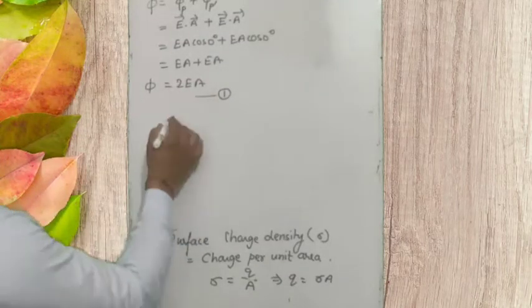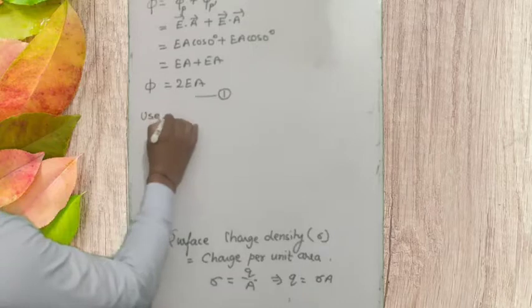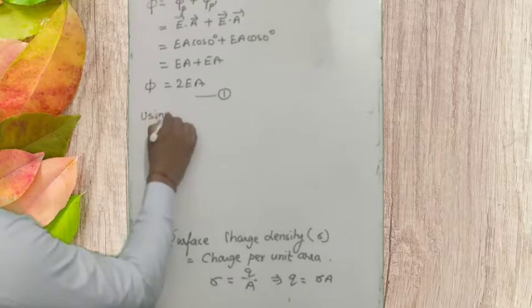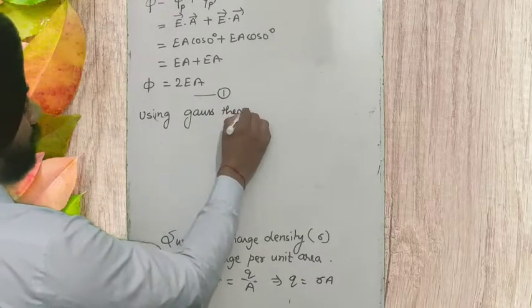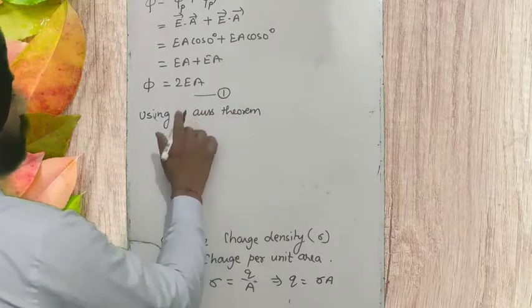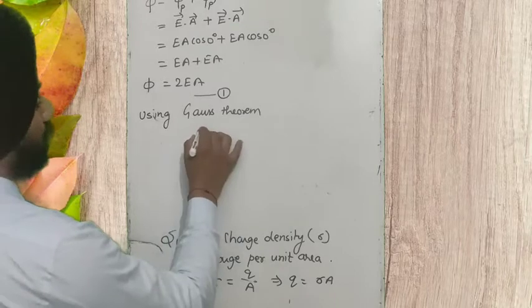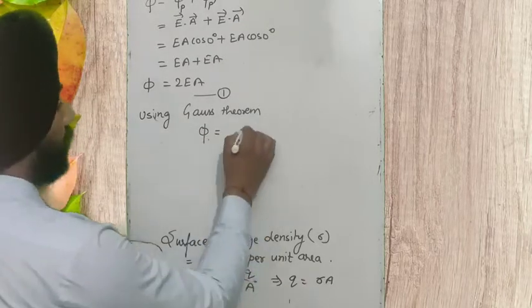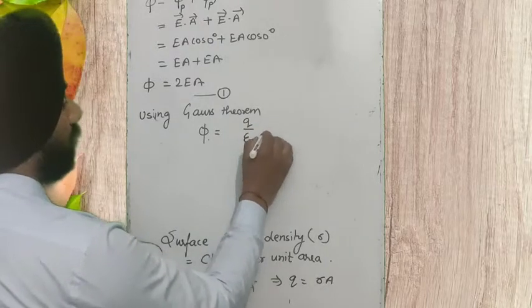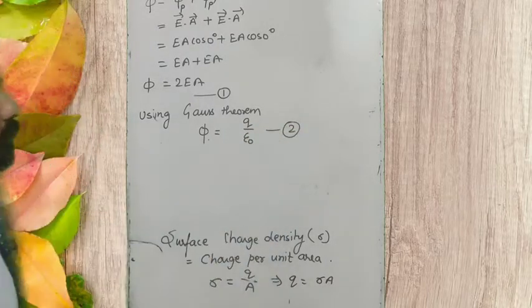For finding the electric field, we have to use the Gauss theorem. So using Gauss theorem, what was the electric flux passing through a closed surface? That is Q by epsilon naught, which is equation number 2.